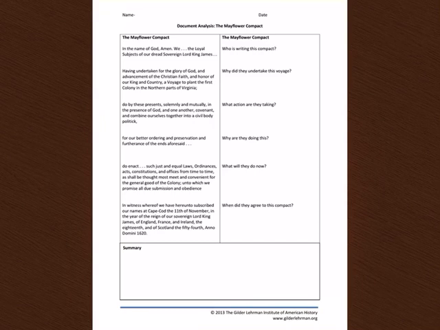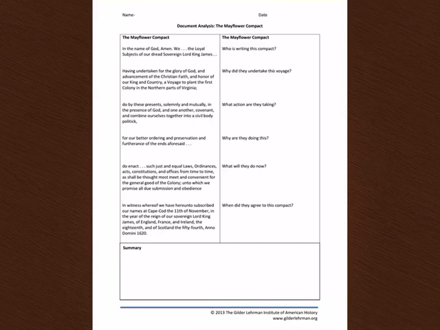And furtherance of the ends aforesaid. What do you think it means when they say furtherance? Kind of looks like another word that it goes along with. Not further away so much, but think about it.